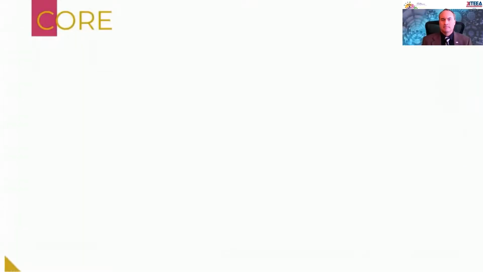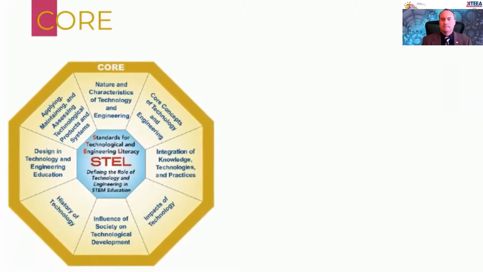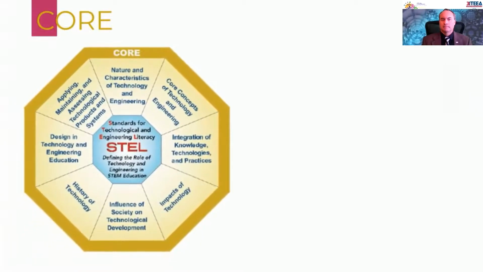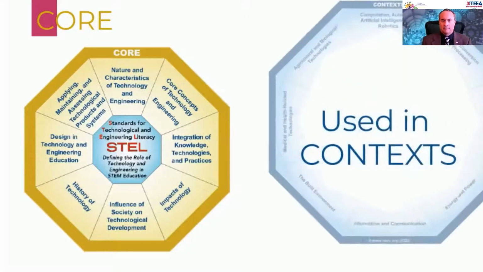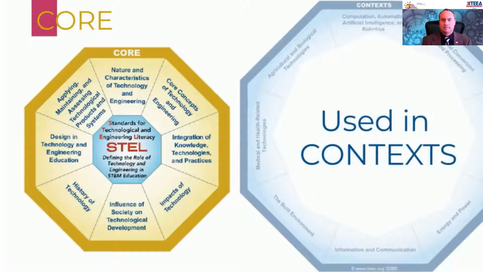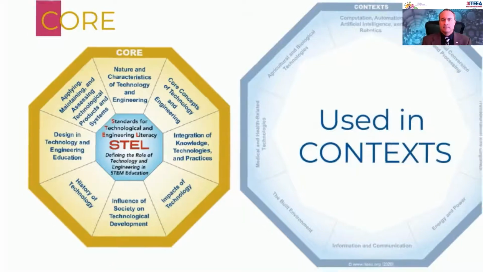The core disciplinary standards represent the information, ideas, and processes all students should know and be able to do regardless of their eventual academic pursuit or career destination. Specific to technology and engineering, they are to be used within the context.